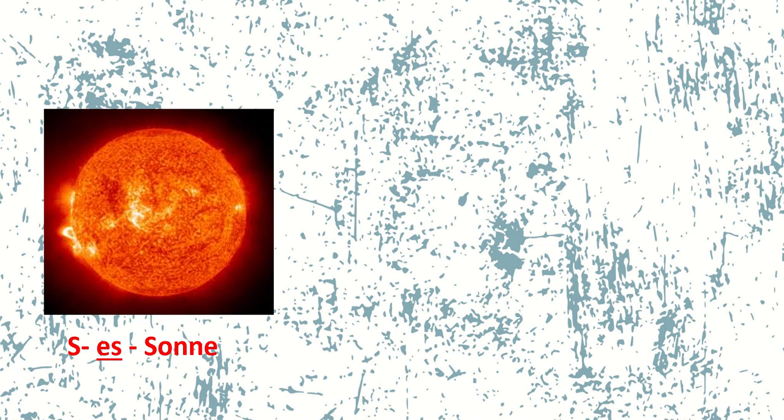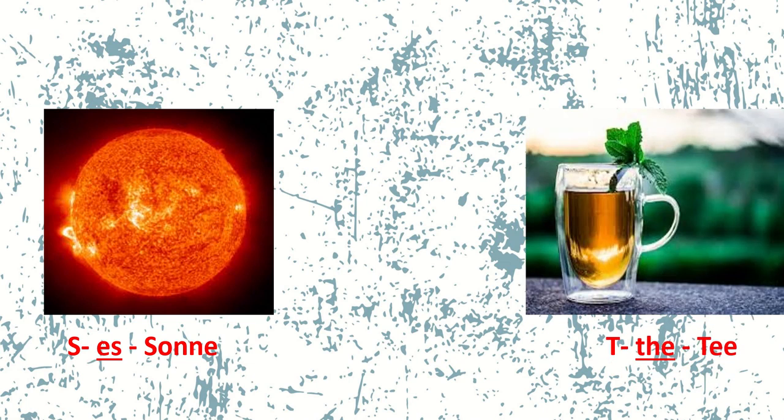Next letter is S. And the German word is Sonne. The English translation is sun. The next letter is T. The German word is Tee.